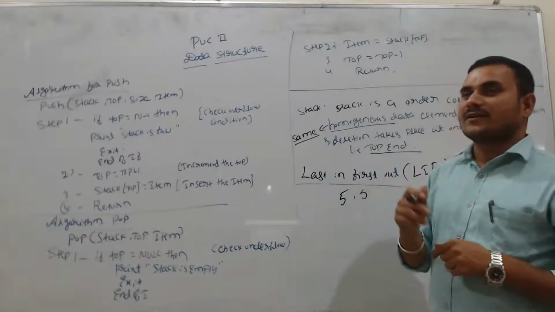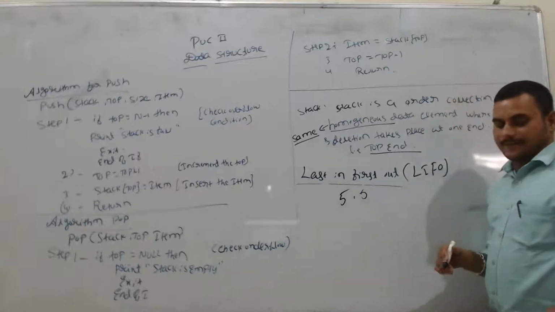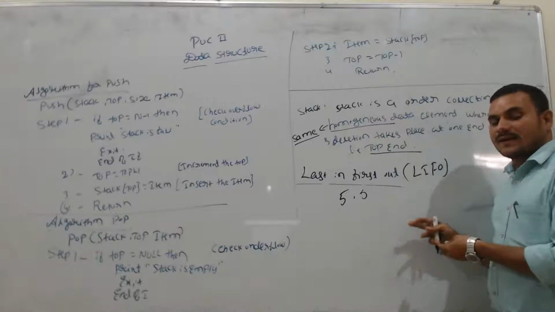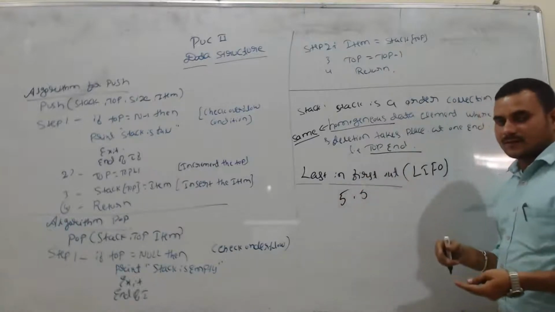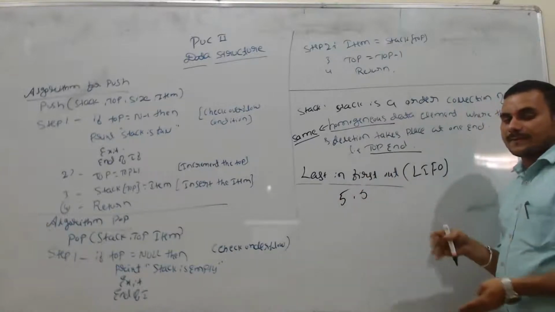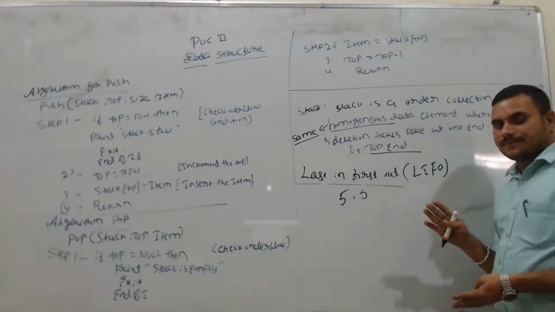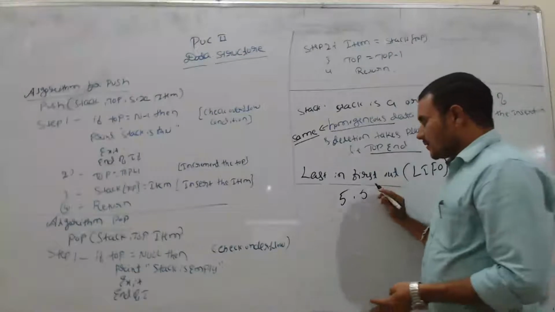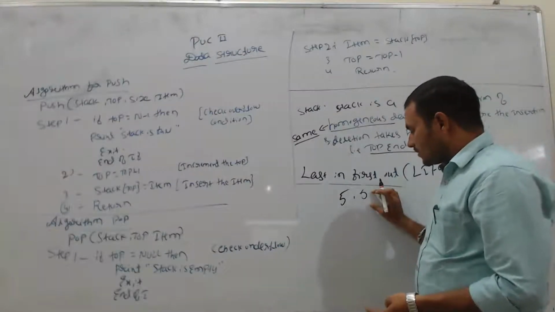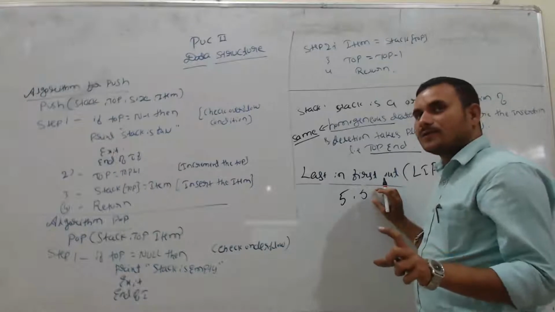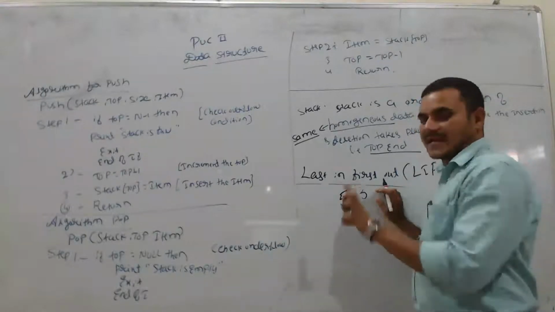So what is the meaning of underflow? Top minus 1, that is n minus 1, number of elements minus 1. Top is equal to top minus 1. Is it clear? Underflow means the element is not present in the stack.